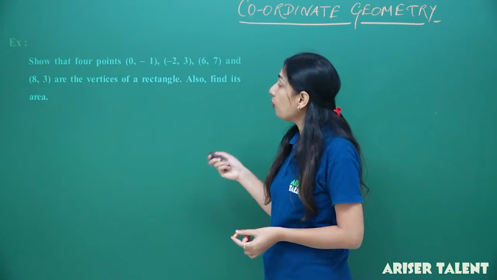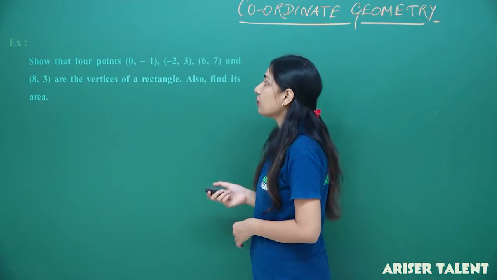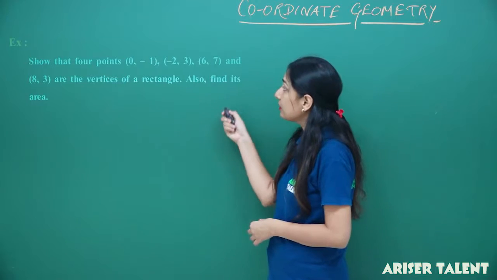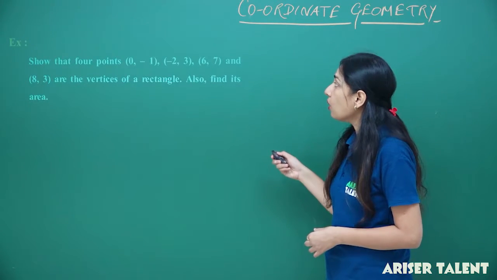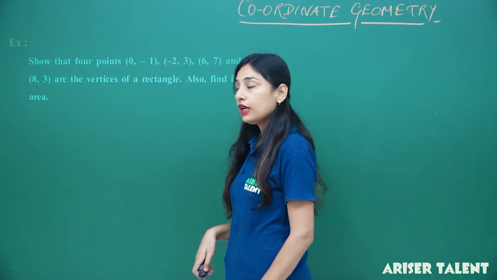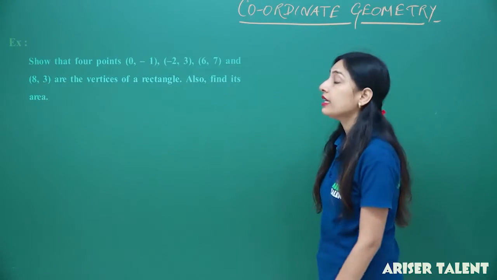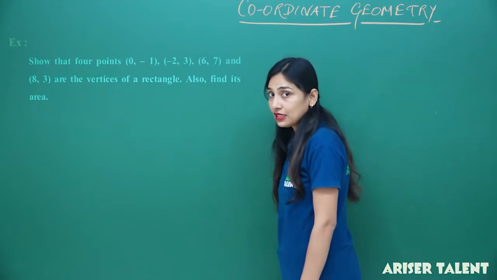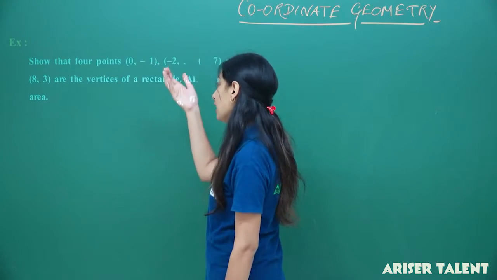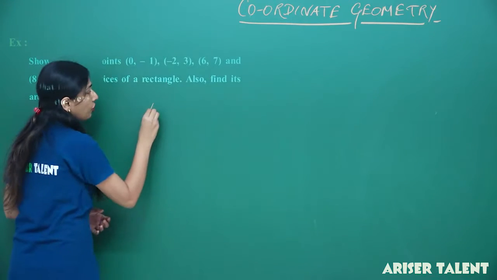These are given 4 points with the abscissa and the ordinate. These are the vertices of a rectangle. Also find its area. These are the vertices and you are also supposed to find the area of that particular rectangle this question is talking about.